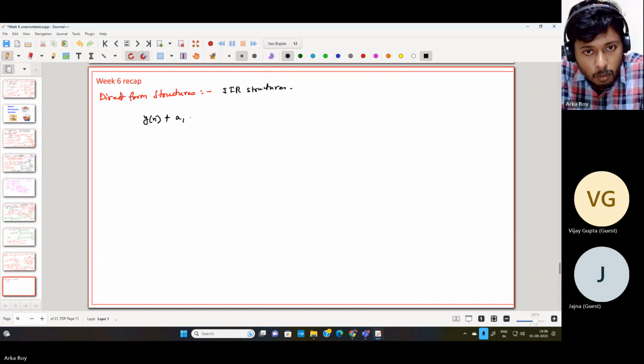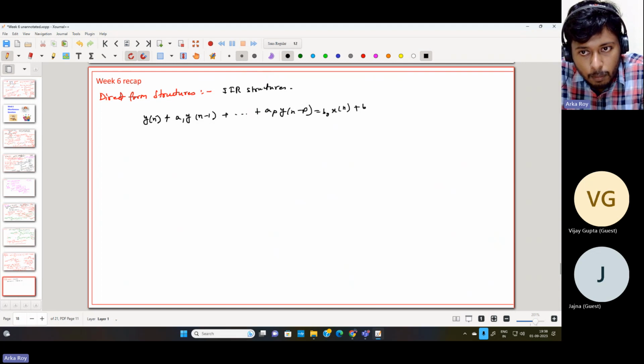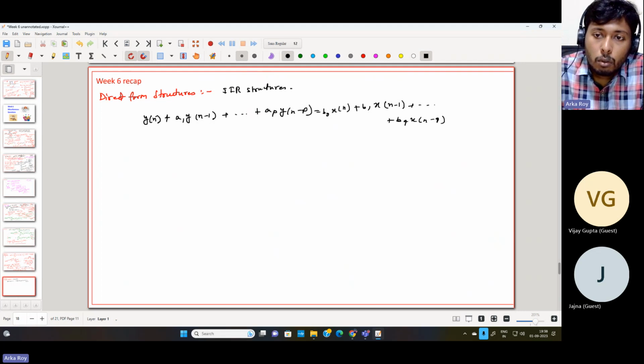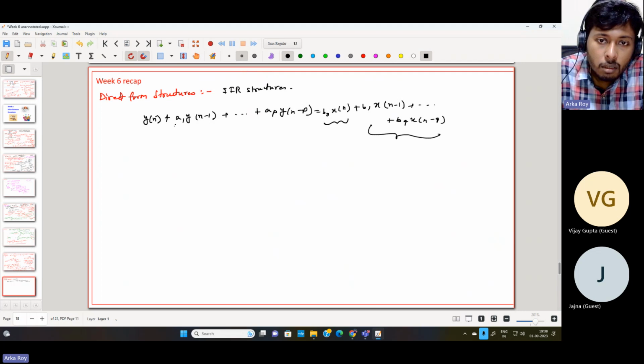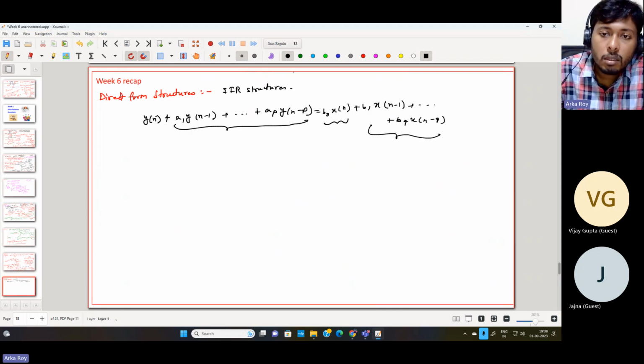So let me just write the equation and it will be clear to you. There is the sum of a_p y of n minus p, and x of n: b naught x of n, then b1 x of n minus 1, and then bq x of n minus q. So this is the present input, this is the past input, this is the past output. So this is what an IIR structure looks like.